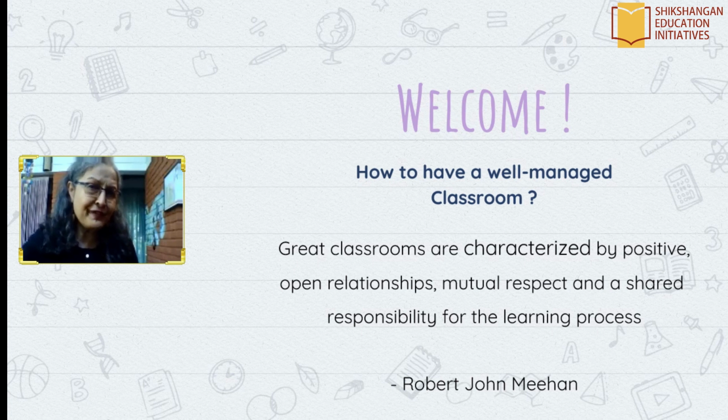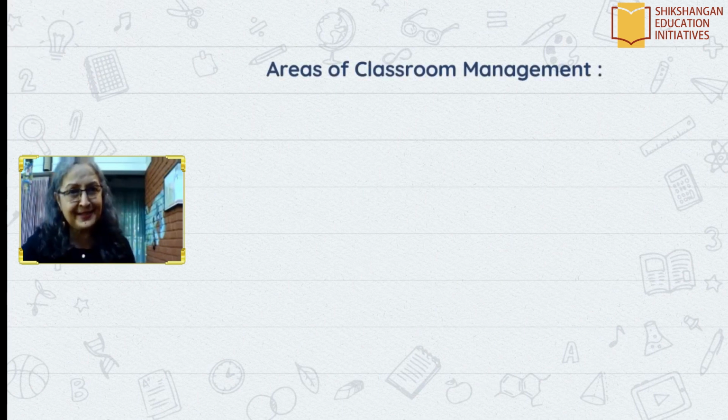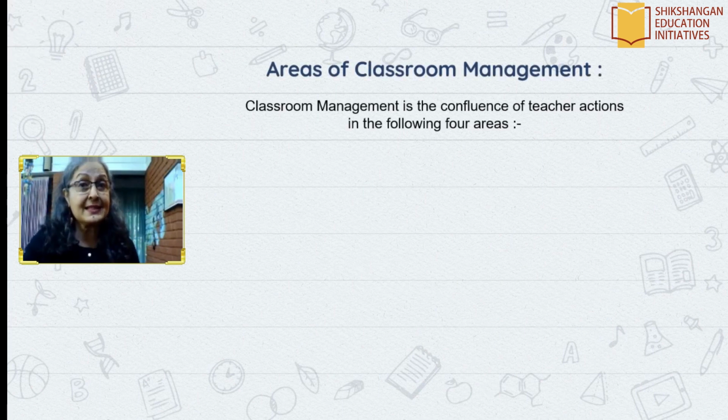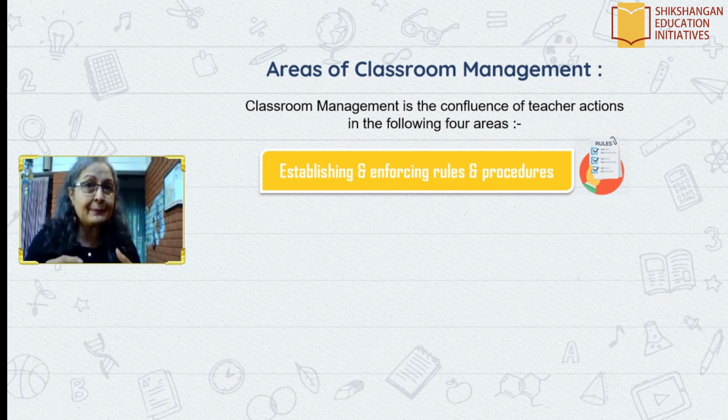So there are these four factors universally applicable for classroom management, no matter whose research you read and what sites you go to. So what's said is it's a confluence of four major areas. The first and foremost being setting the right rules and making sure that the correct procedures are followed whenever you want them to do something or whatever they want to apply for. That's the first step.